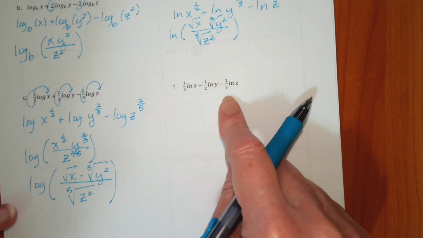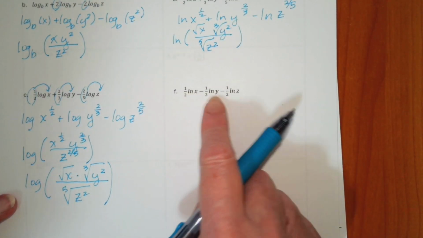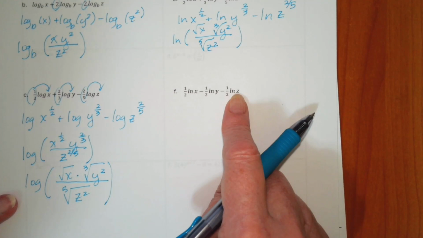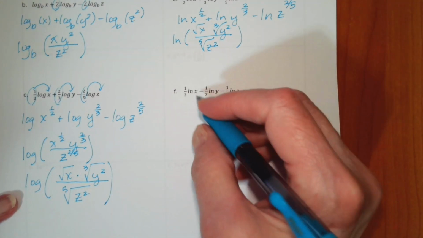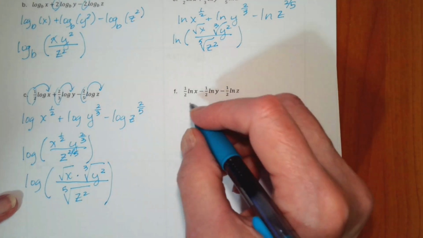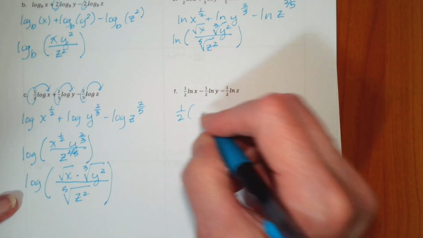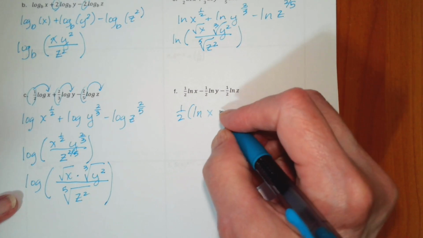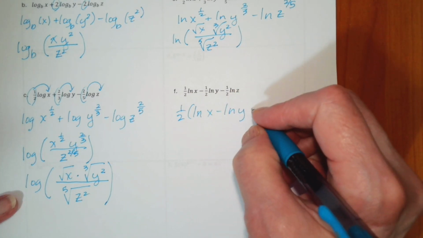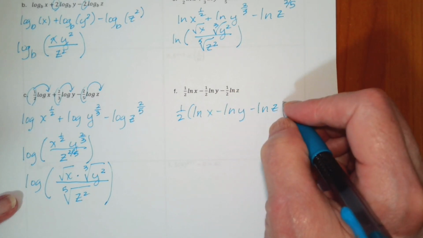Okay, now there are a couple of ways that you can think about this one. Each of these is multiplied by 1/2. So you can think about this as writing it as 1/2 times the natural log of x minus the natural log of y minus the natural log of z.